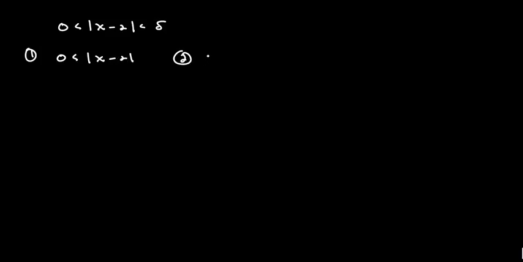Thing number two is that the absolute value of x minus 2 is less than some number delta, which we haven't defined. It could be any number. We also know that delta is strictly greater than 0. So when I say that delta can be any number, it's got to be a positive number.